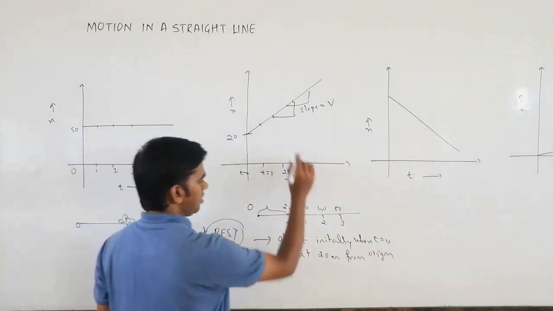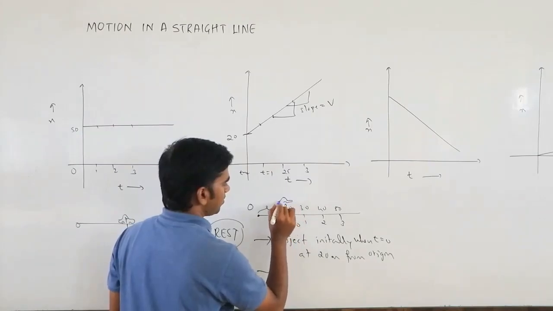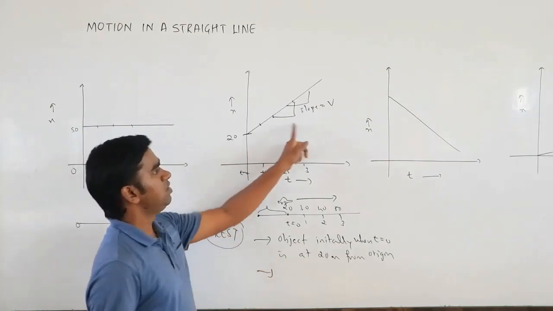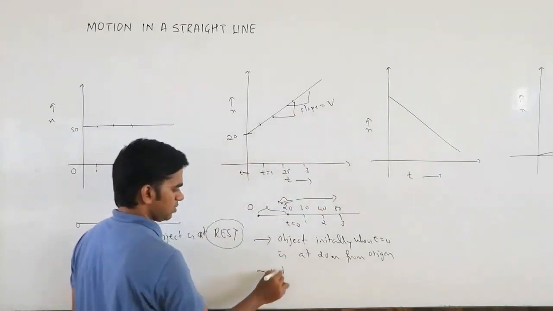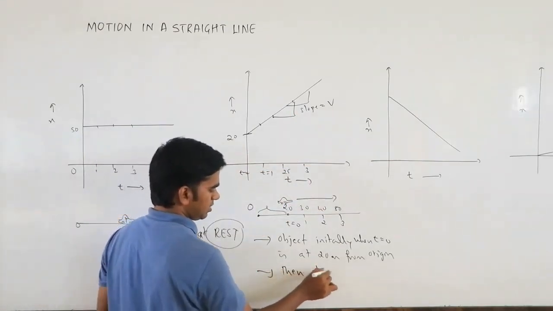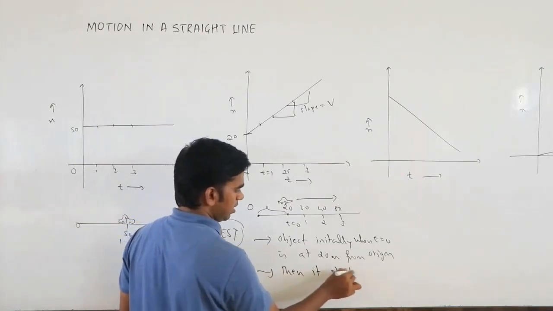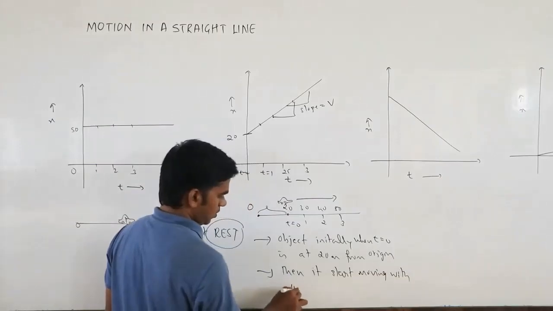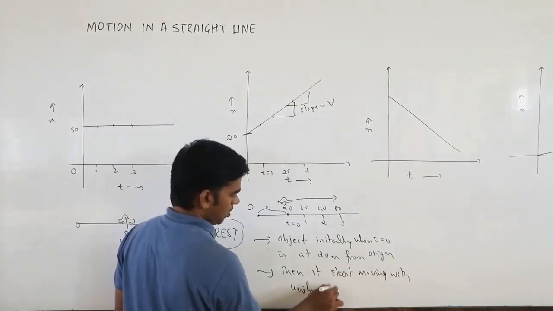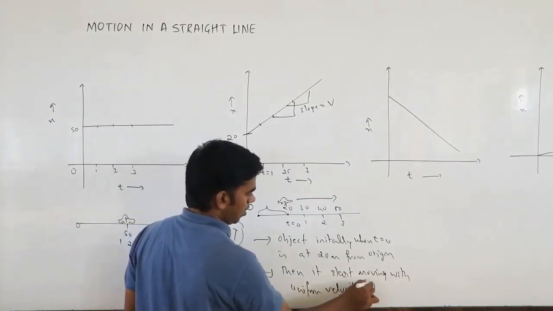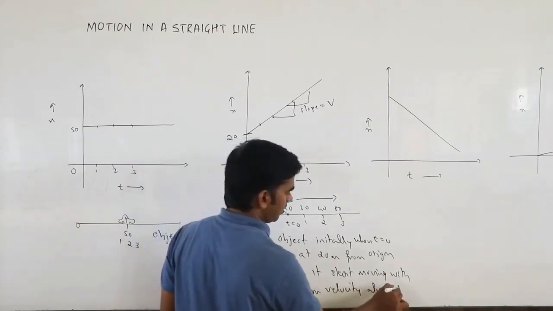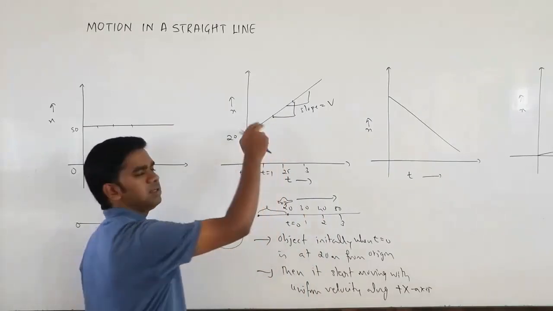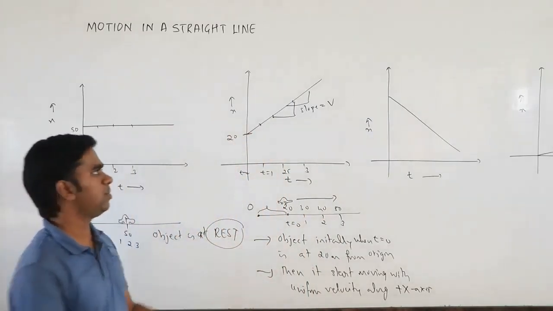After that, it starts moving from here, in the positive x direction with uniform velocity, because you will get the slope as positive.